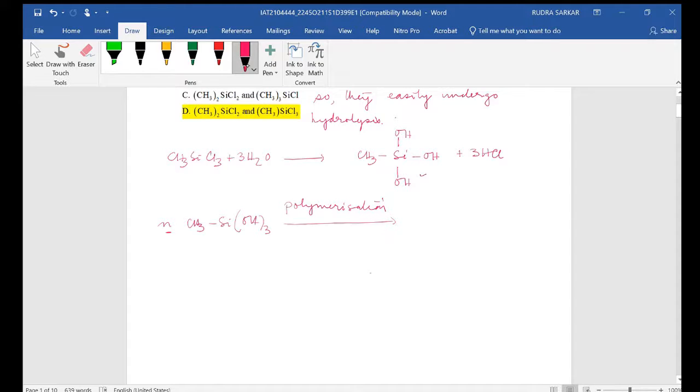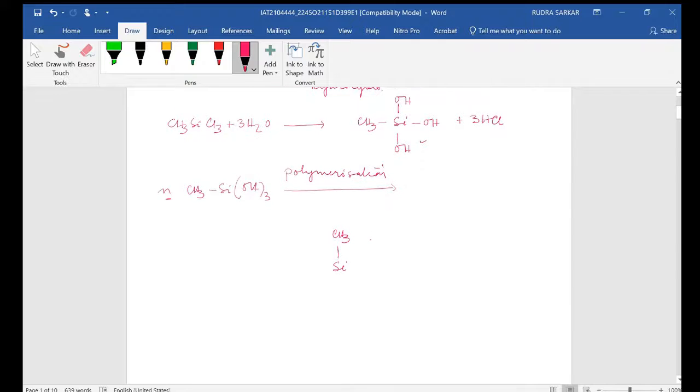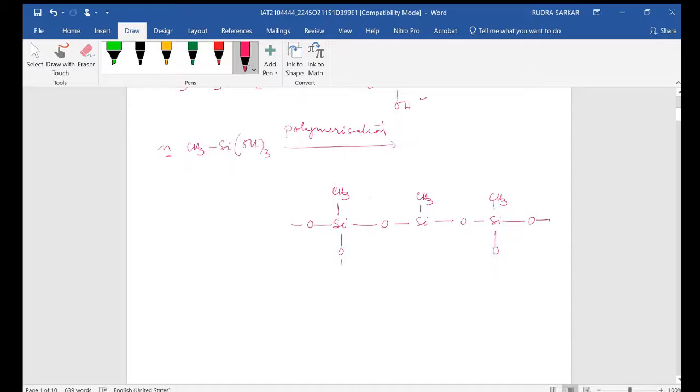Then we get this type of a unit, which is CH3Si, O, O, O, Si, CH3, O, Si, CH3, O, that is connected to again Si, because it has 3 OH groups.